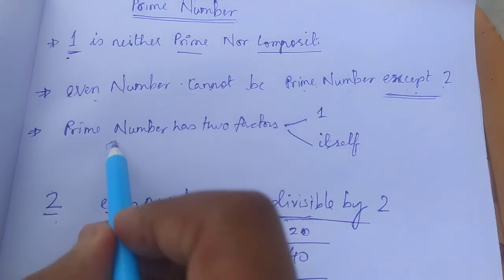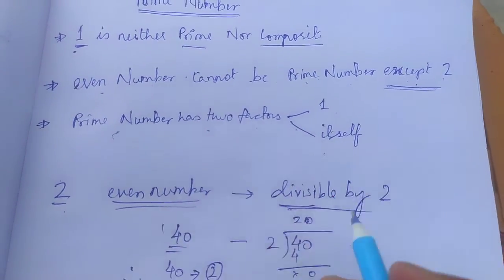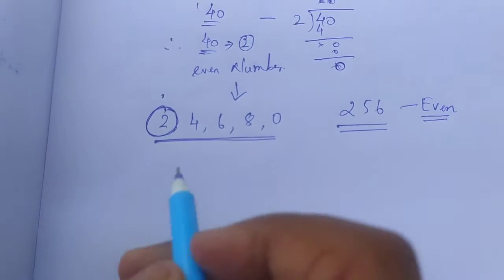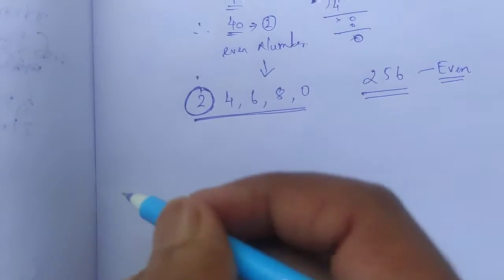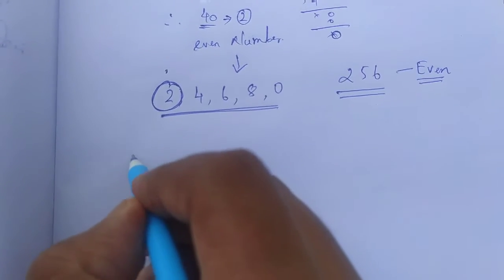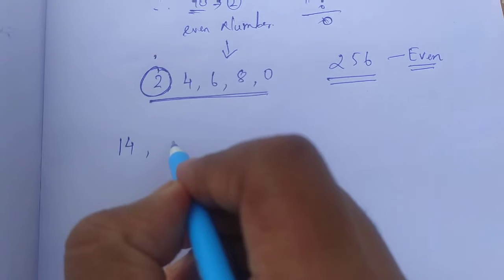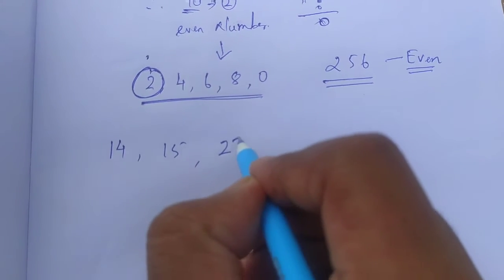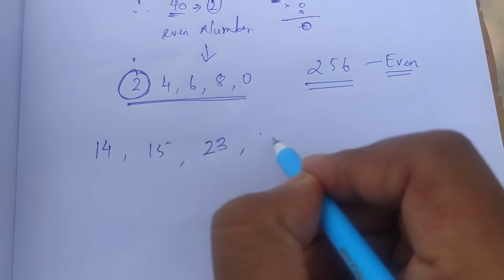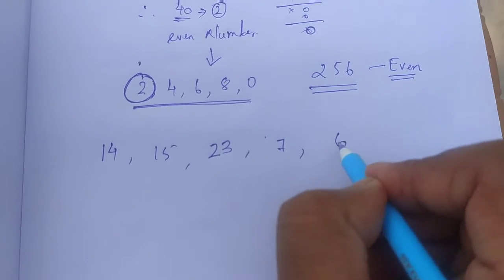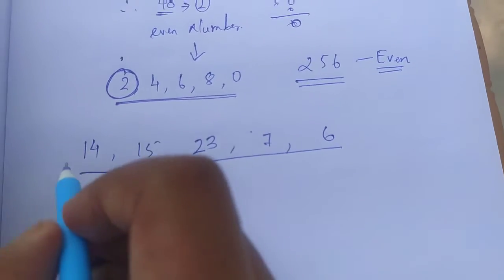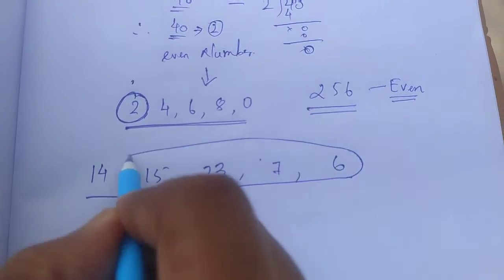Now the third rule is, a prime number has 2 factors, like I told you yesterday. Now let us write some numbers which will help you understand more. Say I take 14, 15, 23, 7 and 6.